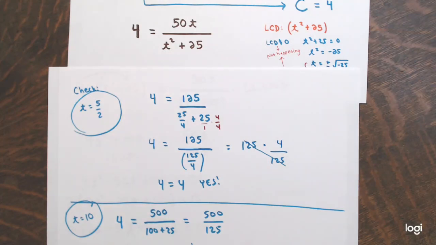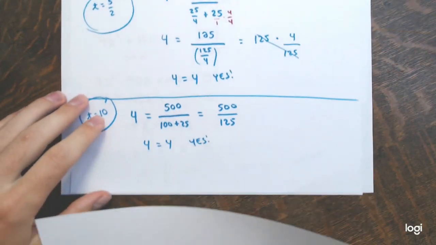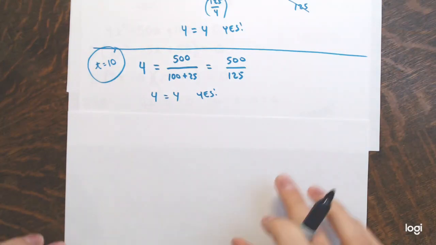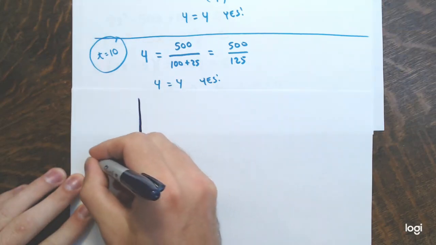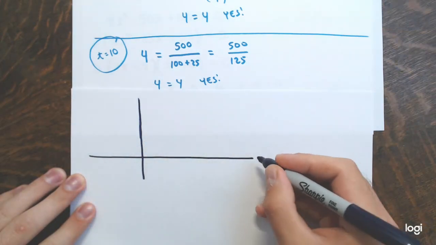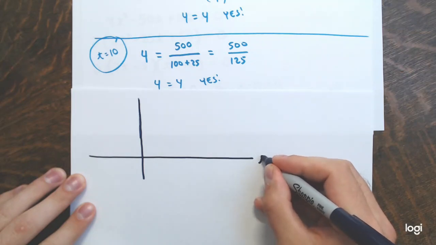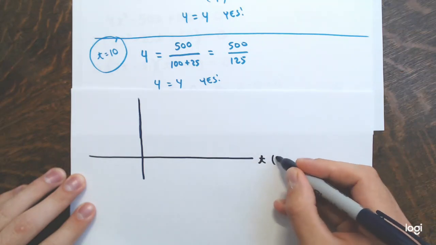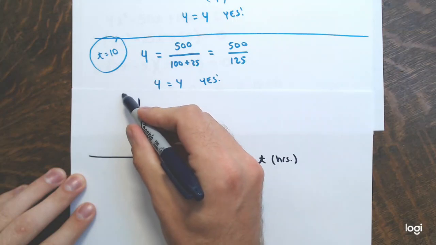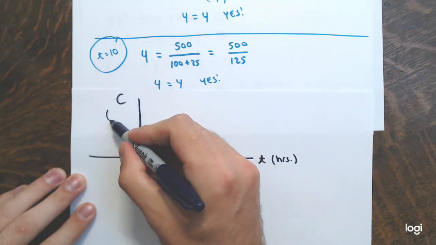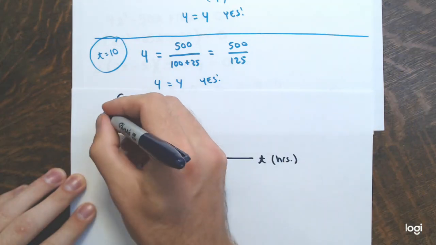Well, one thing we could do is make a graph. All right, let me show. So yeah, we could look at a graph of this particular function. I'll make a set of axes, where I'll have the horizontal axis be the time in hours, and the vertical axis be the concentration, in milligrams per liter.